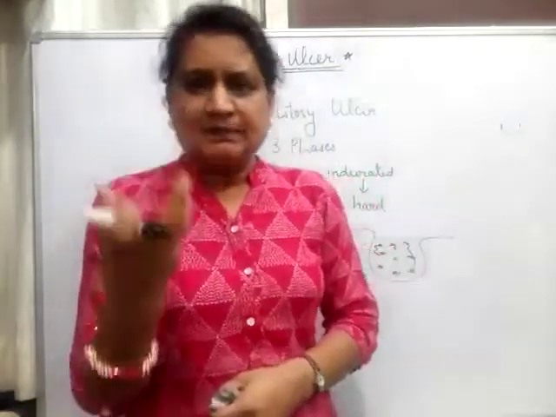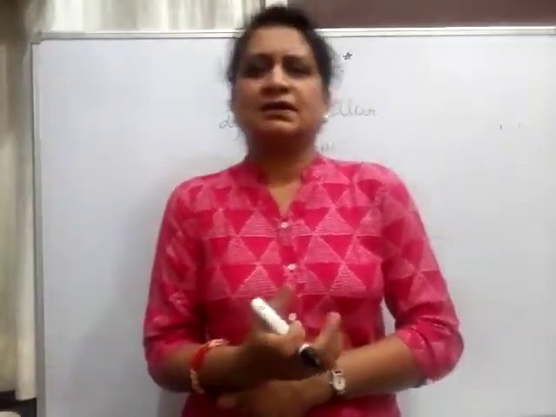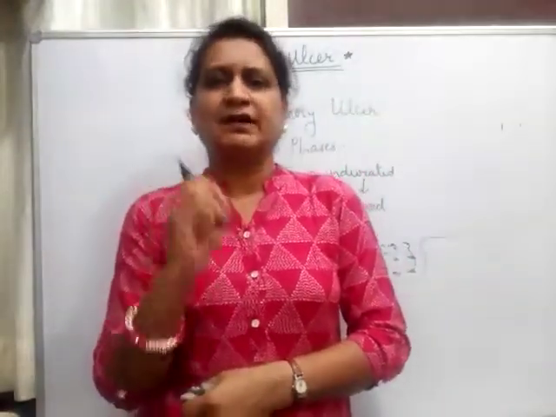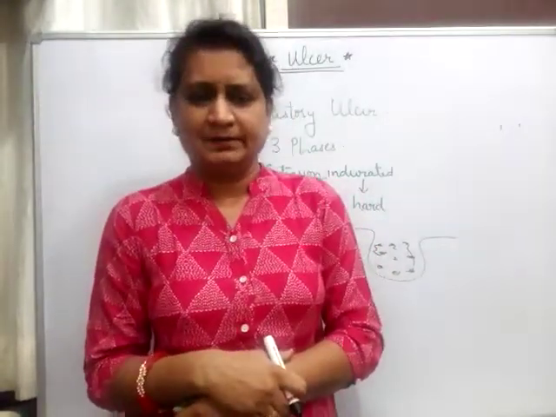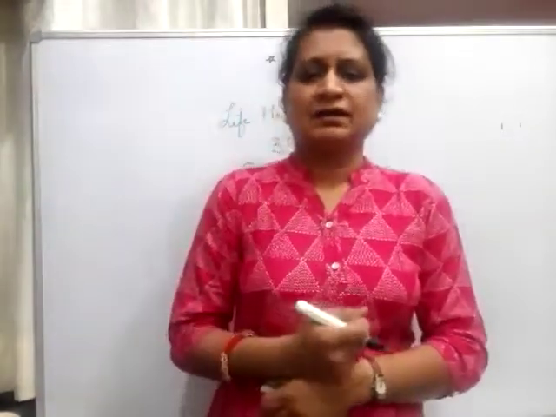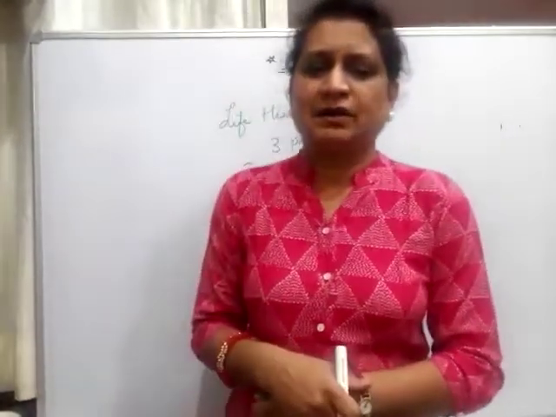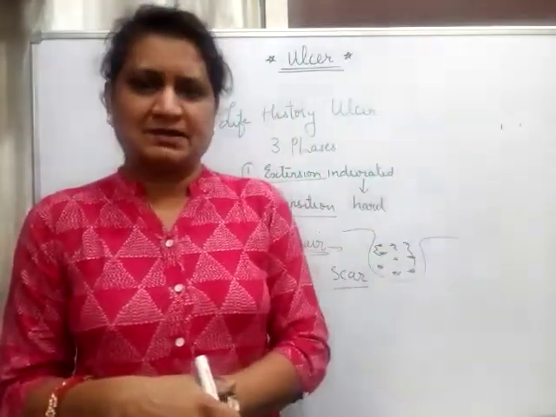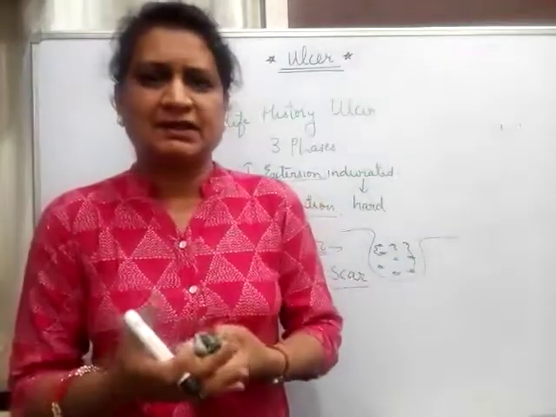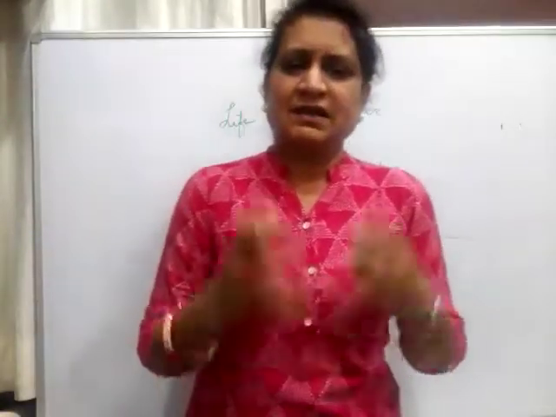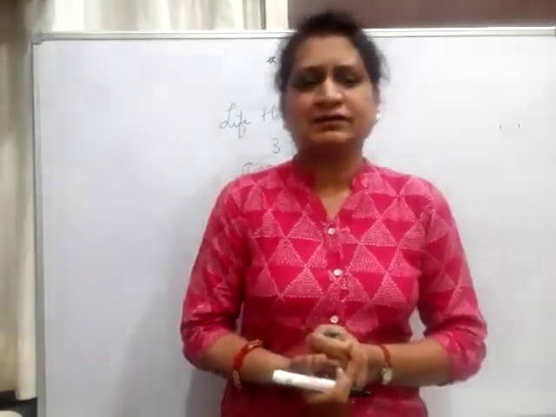The epithelium grows at a speed of 1 millimeter per day. Now this red color of granulation tissue is because of high density of new capillaries. वहाँ पे new capillaries form हो जाती है and because of this there is a typical red color of granulation tissue.